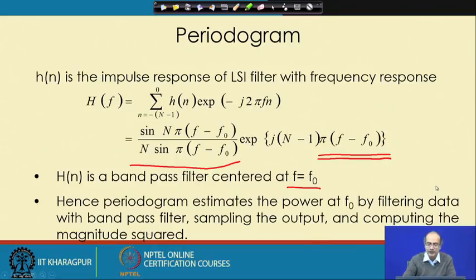The periodogram estimate, from here, gives the power at f 0 by filtering data with a band pass filter.